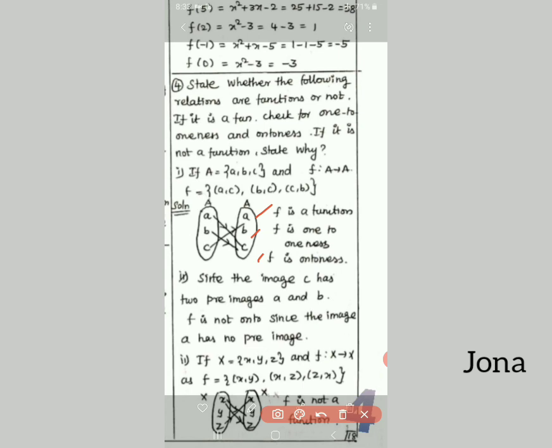Here this element a doesn't have the pre-image in set A, isn't it? So I can conclude this is not an onto function. Okay, and then one more thing is given.